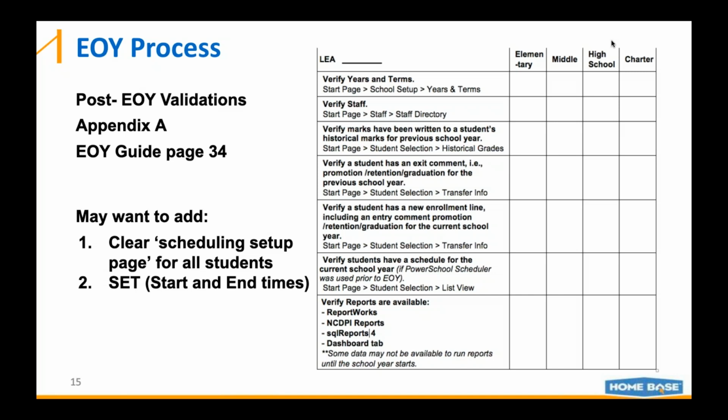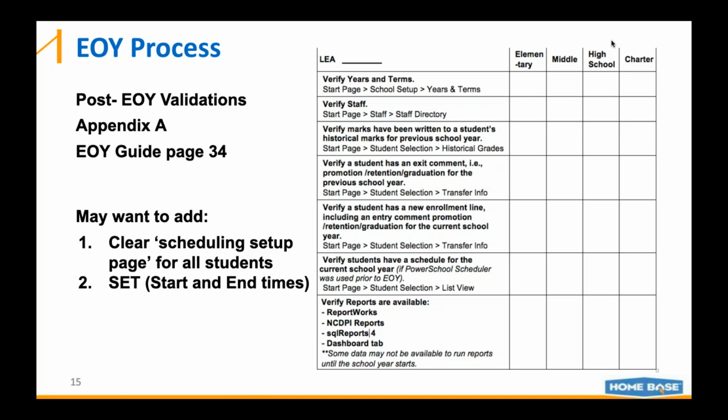All right, so after your EOI is processed, there is a post-EOI checklist in the EOI guide that Tiffany shared, of items you just need to go through and check for. That is just to make sure the years and terms did copy over and are set up correctly.